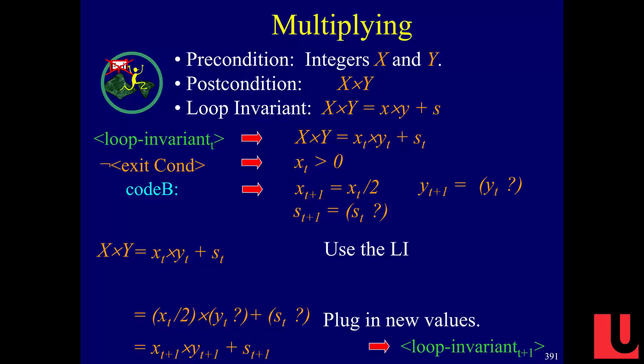So now we have to do the magic in here. We have to make this look like this. We can make this to be whatever we want, and we got to make this equal this. Here, x is coming down by a factor of 2. So, come on, everybody look at that. What do you want your y and your s to be?